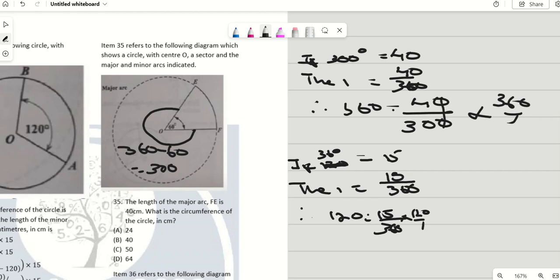Let's cancel this and this, and then 3 into 3, 1. 3 into 36 is 12, right? So we know 12 fours are 48. So 360 is actually equal to 48, so you know B is your answer.